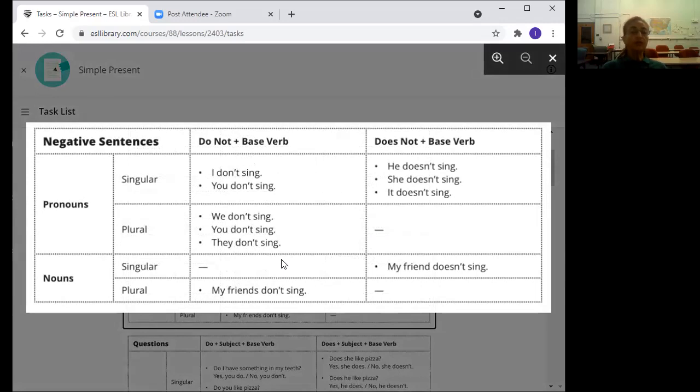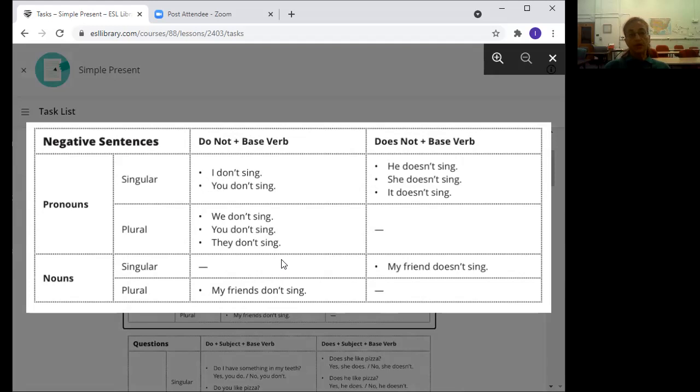But when you make a negative sentence, you need to add something else. You need to add a helping verb, do or does. For third person singular, we add the helping verb does.